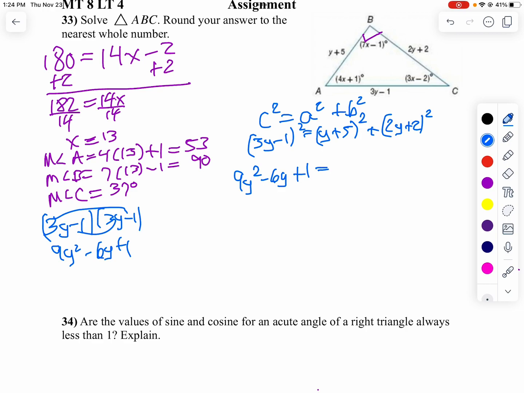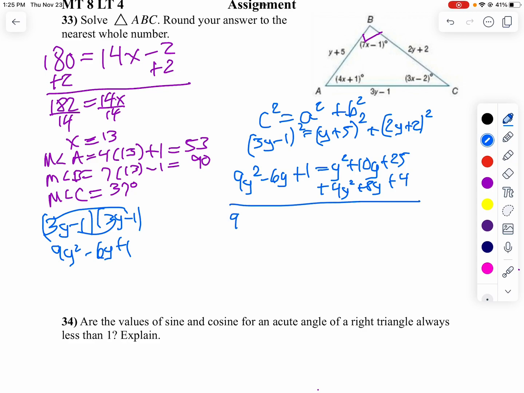equals y squared plus 10y, because I got 5y times 5y, plus 25. And then I'm going to add 4y squared. I think I'm just going to write that below it. Plus 2 times 2 is 4, so plus 8y plus 4.